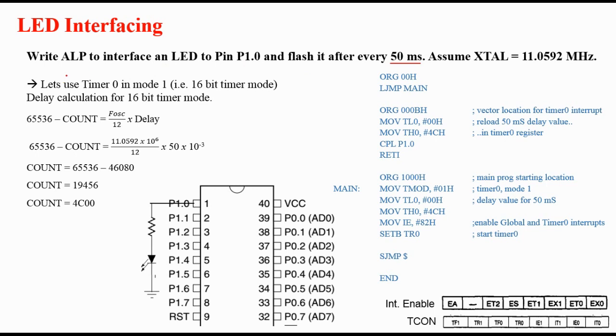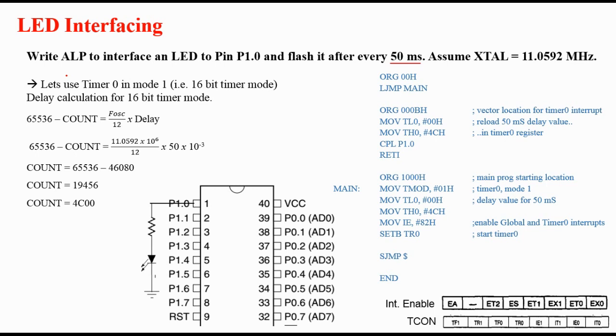We will do programming by using timer 0. Let us use timer 0 in mode 1. Mode 1 is a 16-bit mode. So in this mode, as we know, the 16-bit value will get incremented till its highest number, FFFF.